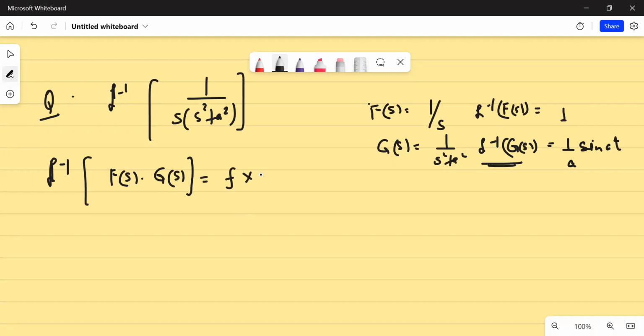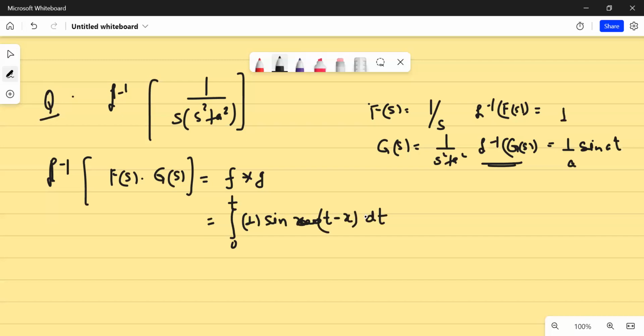So this is equal to the convolution of f and g, which is equivalent to writing the integration from 0 to t of 1 into sine of (t minus x) dx.